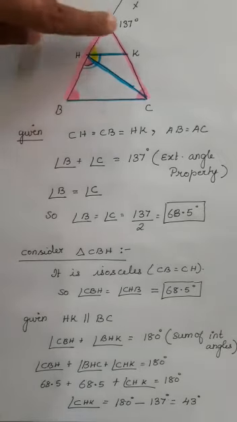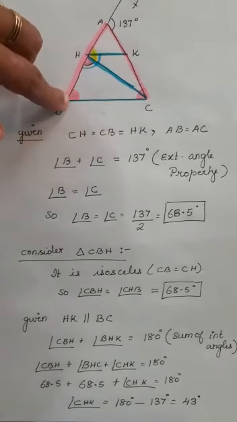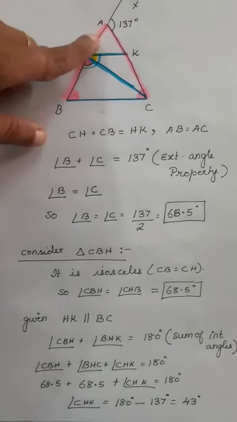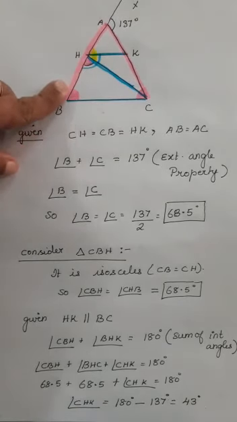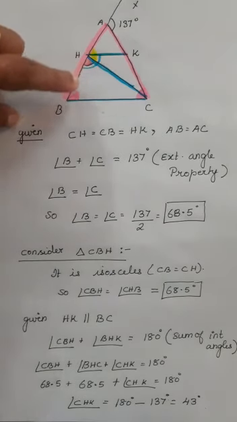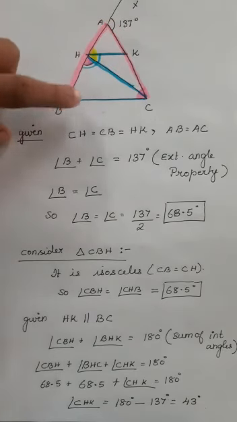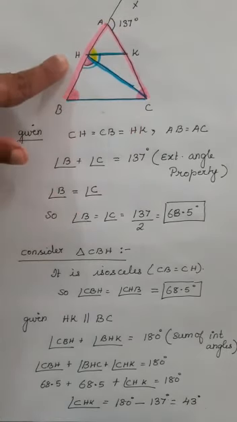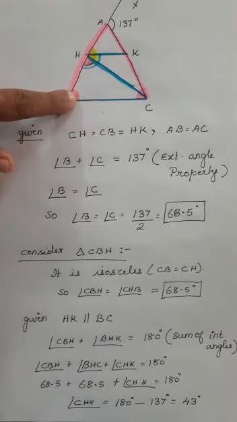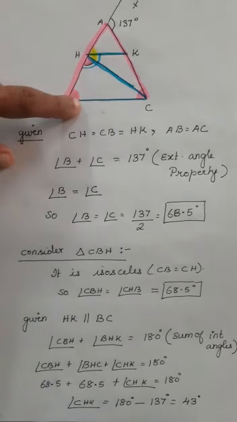Also in the sum it is given this HK is parallel to this BC and this AB will act as the transversal. So this entire angle which is marked with blue color, that is BHK, and this CBH, these two angles are called interior angles, and the sum of the interior angles for parallel lines cut by the transversal is 180 degree.